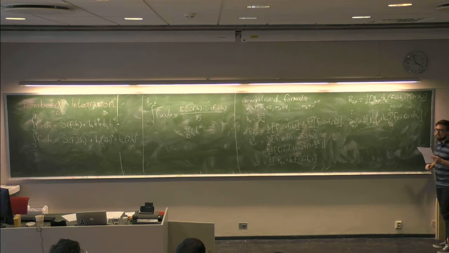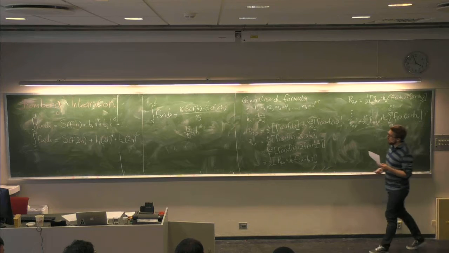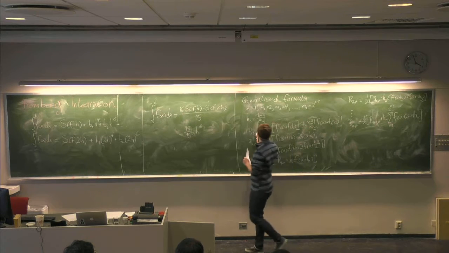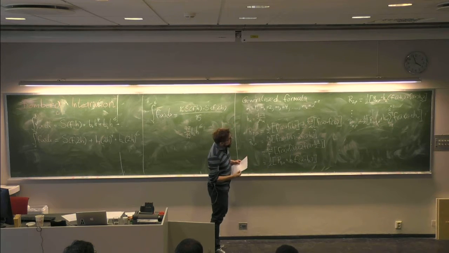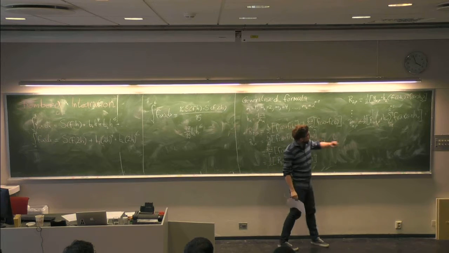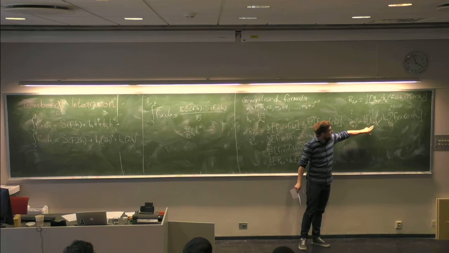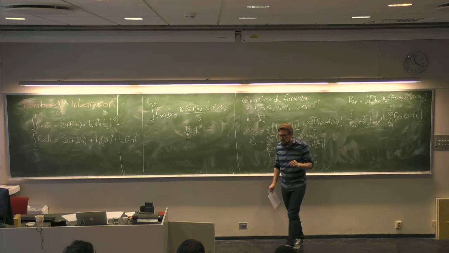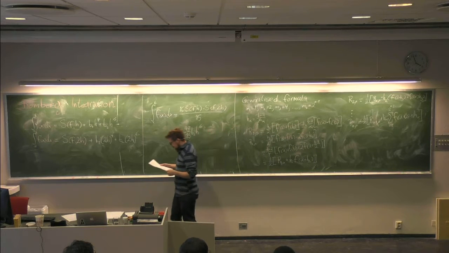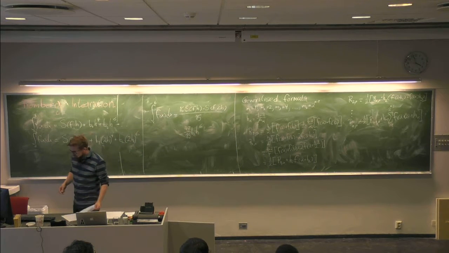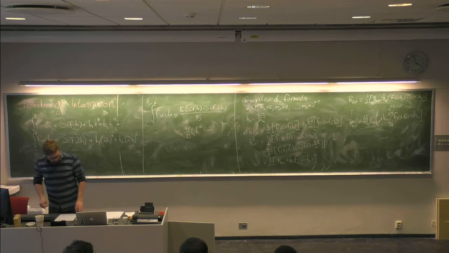So that's it for the trapezoidal rule. You start with this R1,0, and then you can gradually increase it. So it's a recursive relation.